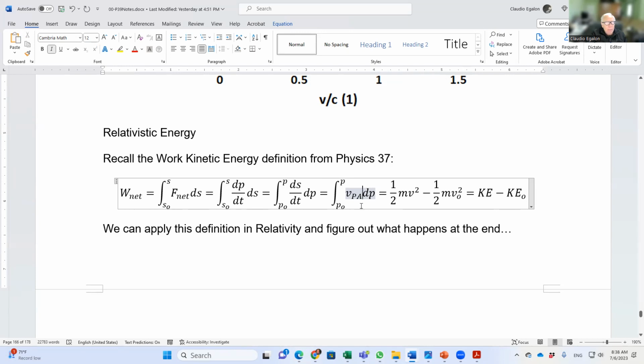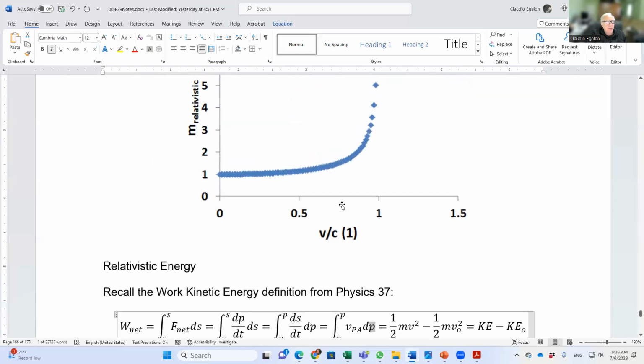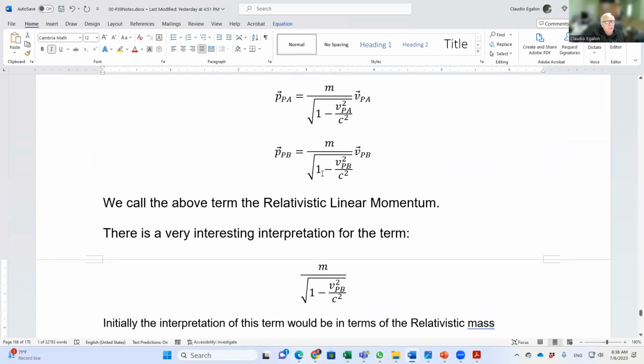And eventually we manage to exchange this dp in terms of the velocity. It's possible to do that, especially in view of the fact that p itself is related to the velocity of the particle. Okay, right in here.